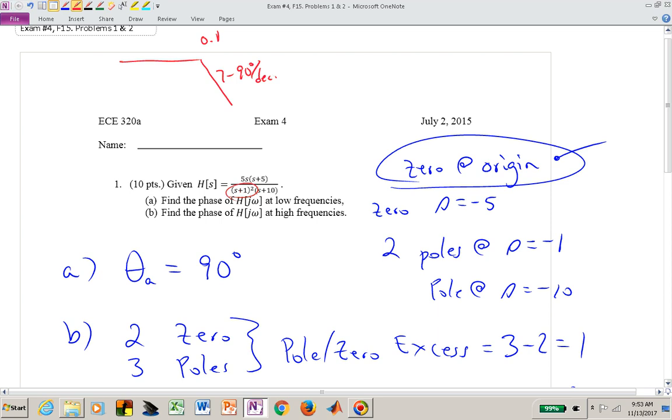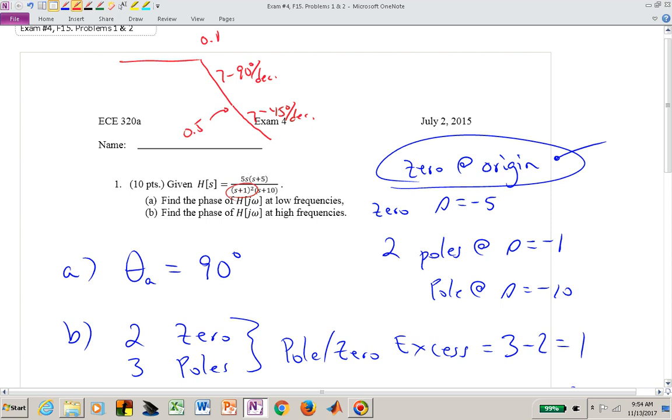Then we actually hit a zero at 0.5, a decade before its break frequency, and that now causes our slope to be not quite as severe. It's now minus 45 degrees per decade because the zero is contributing plus 45 degrees per decade, which helps reduce the minus 90.